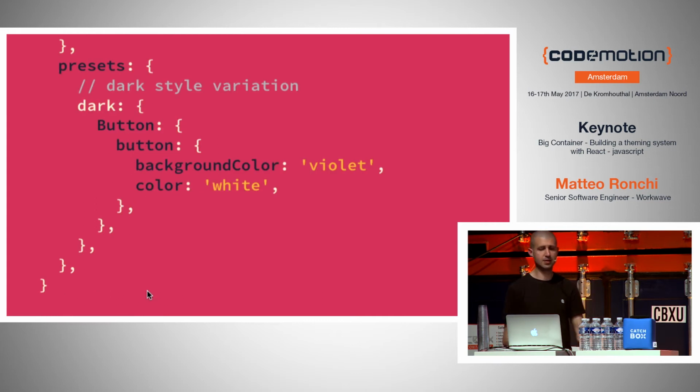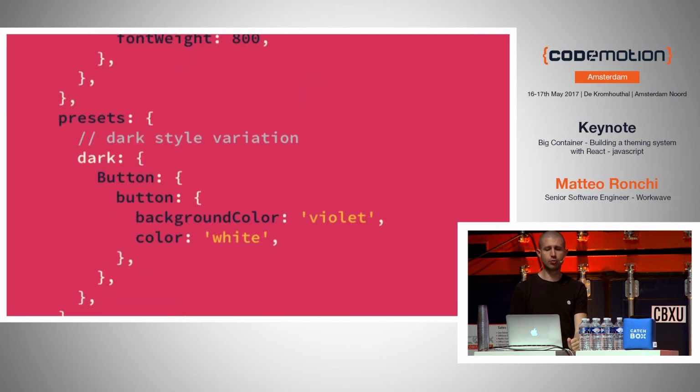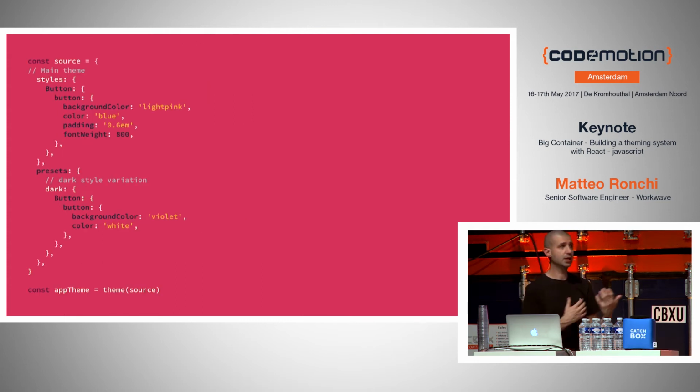But again, this is a dark preset that slightly changes our style. So we have 4 rules inside our button, but just 2 rules that override or change the final result. And being a plain JavaScript object, it can be serialized as JSON, and can be server-side provided or tweaked.